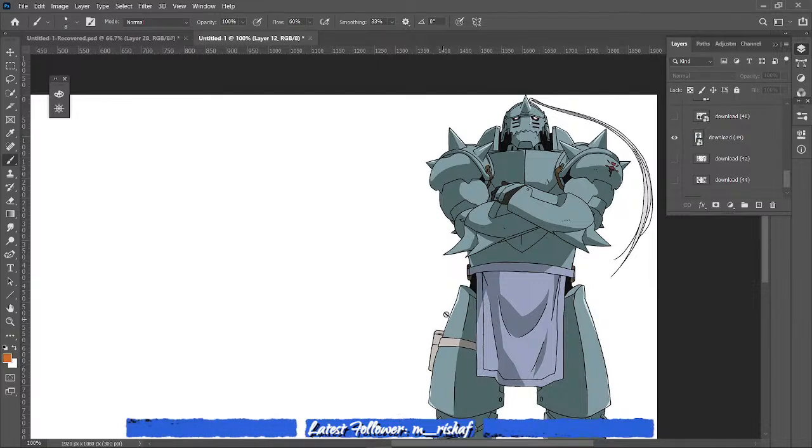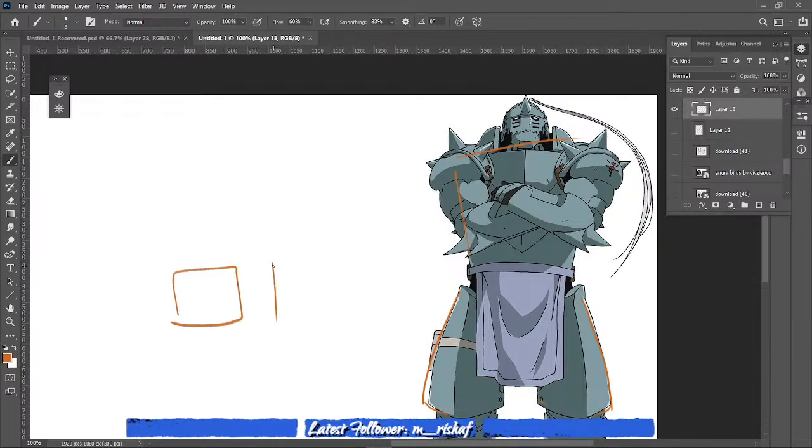In his armor design, you can see these are softer lines, a mixture of square and circle, like these.